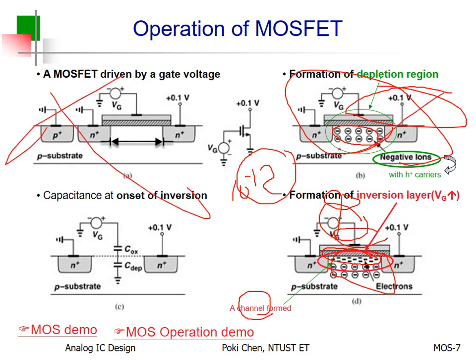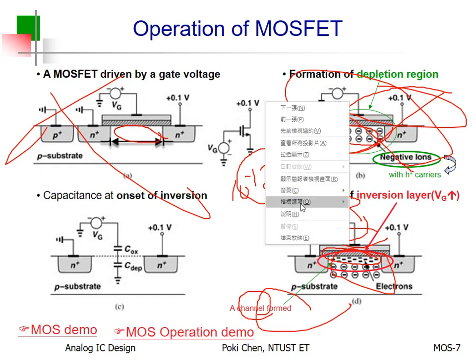Here or there, we don't have any channel. So what does it mean? Unless you change this region from p-type to no type and then to n-type, then the channel will be formed, will be constructed. Congratulations, because right now you have a real n-type channel.